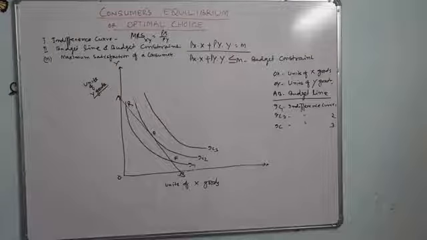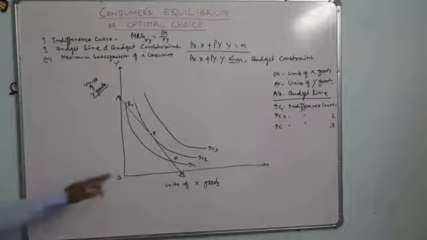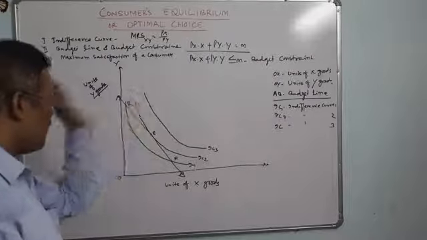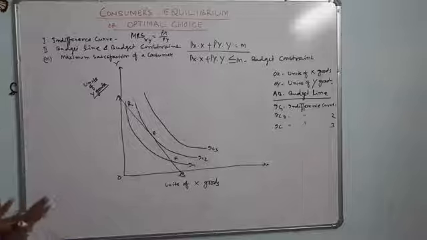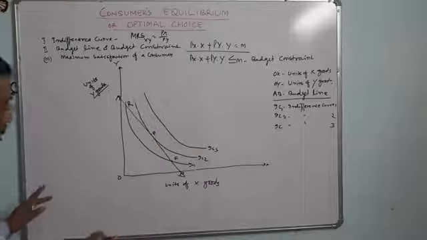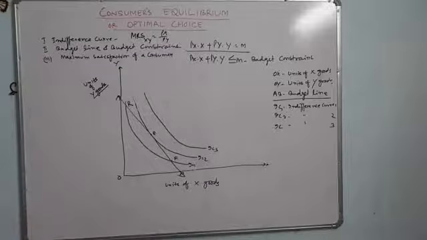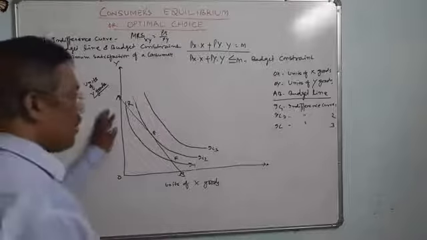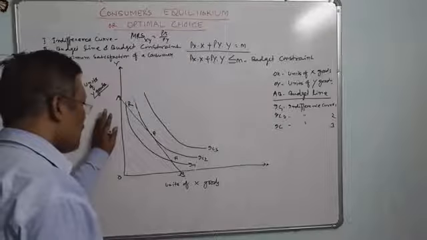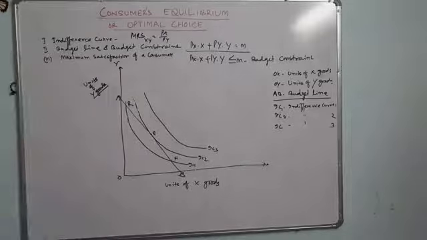IC2 touches the budget line, and IC3, the indifference curve, does not touch or intersect the budget line. You may draw the indifference curves as well. So this is the analysis as per our diagram.